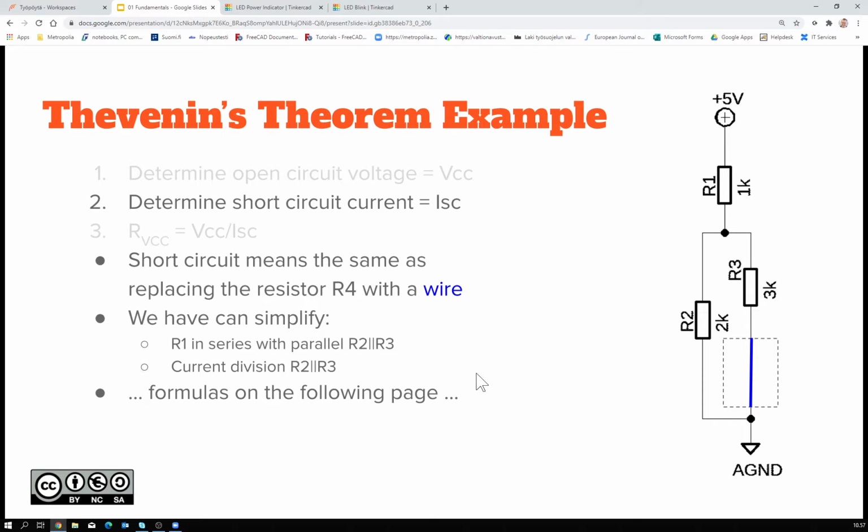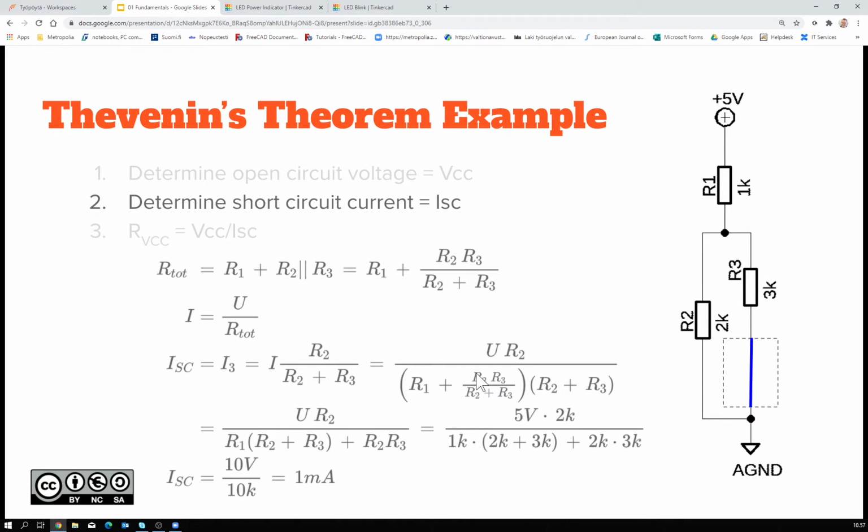We have current division between R2 and R3 in series with resistor R1. So some formulas: the total resistance between +5 and analog ground is R1 plus the parallel resistors R2, R3.